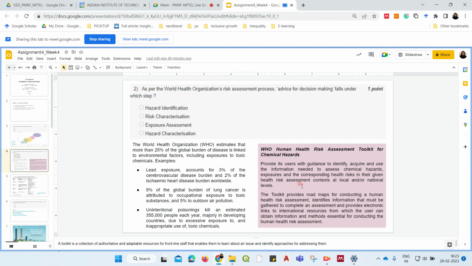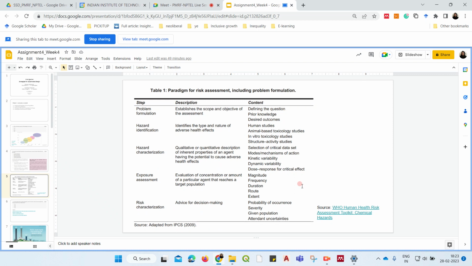So a part of this toolkit is this table, which is the paradigm for risk assessment, including the problem formulation. So these are the different steps, starting from the problem formulation itself, which can be followed by any entity who is conducting the assessment, and following these steps the assessment can be conducted, and further responses to any chemical hazards can be planned.